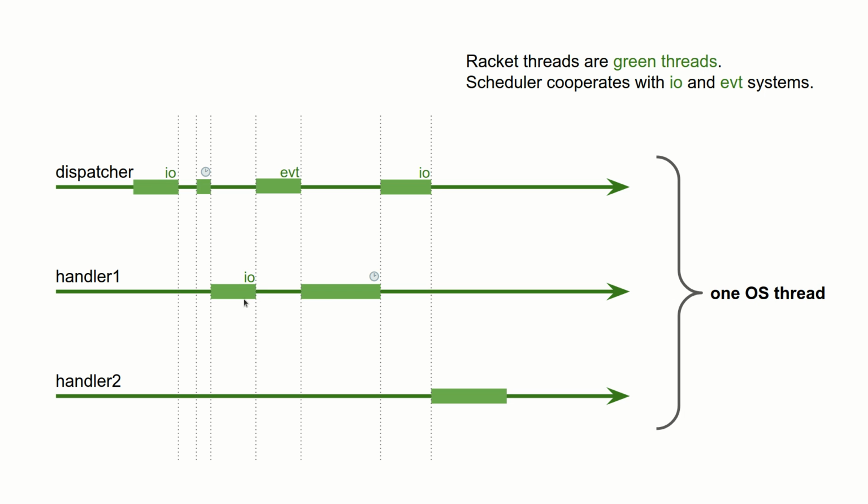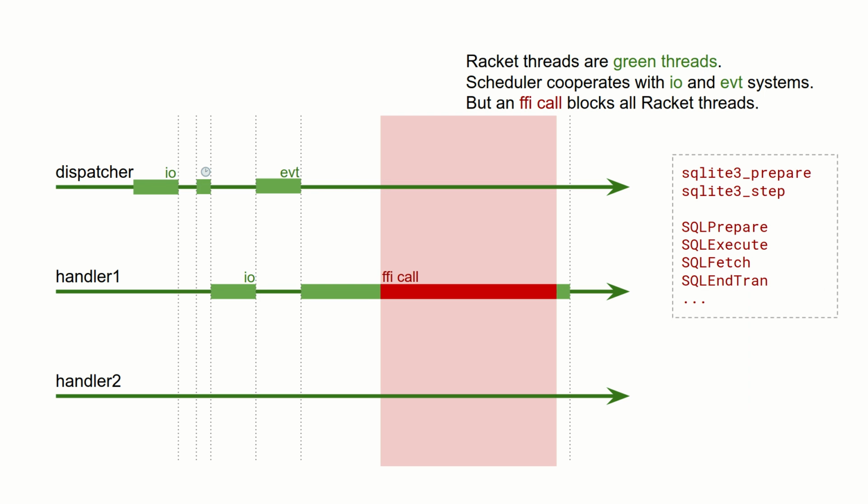What about FFI-based database connections? An FFI call blocks all Racket threads until the FFI call completes. So for example, if you have an ODBC connection that executes a query, it's going to call SQLExecute. That FFI call might involve talking to a server, sending a query over, waiting for the server to do some computation, and then sending the result back.